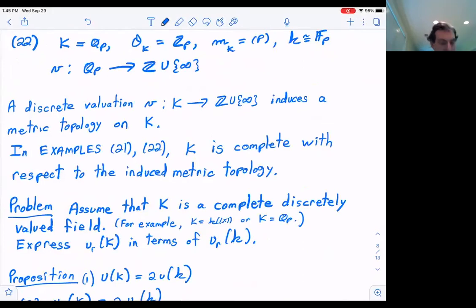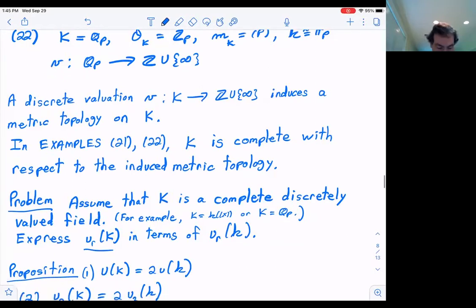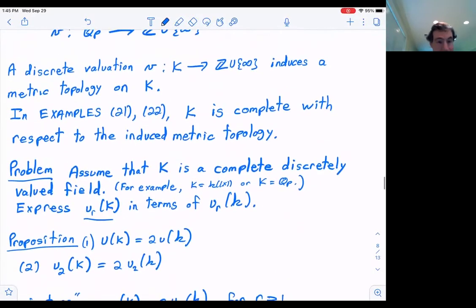So a big problem would be this. Suppose K is a complete discretely valued field, so it's a generalization of these two main examples I gave you. Can we express the u sub r invariant, this for systems of quadratic forms? Can we express the u sub r of capital K in terms of u sub r of the residue field little k? Well, there are some easy cases.